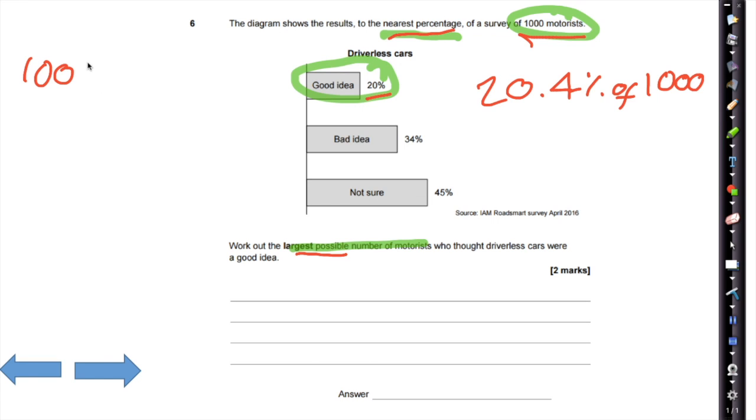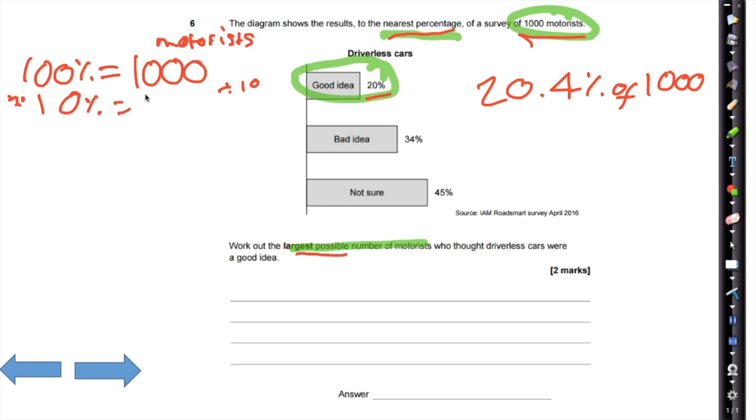Okay, if we find 20.4% of 1,000, that should give us our answer. So if we deal with the number 100, so 100% is our whole number of motorists, which is 1,000 motorists. Let's put motorists up here. So 100% is 1,000 motorists. So 10%, if we divide our 100 by 10 and we divide our 1,000 by 10, that will give us 100 motorists.